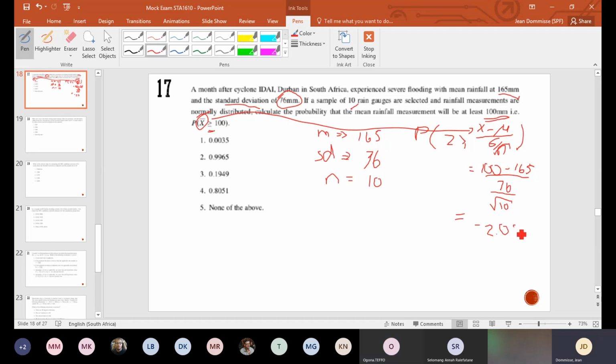Okay, let me quickly check as well. Did anybody else get 2.705? Yes. So then probably we need to look at minus 2.71.